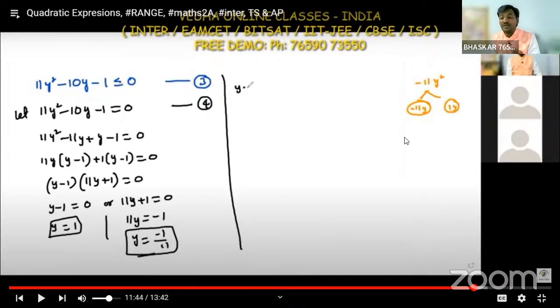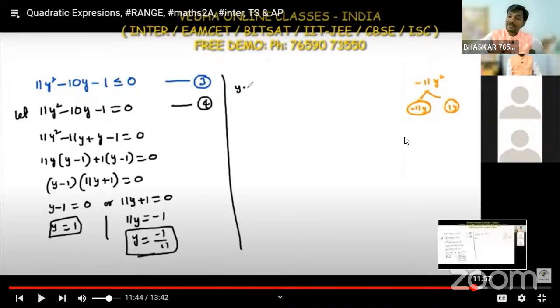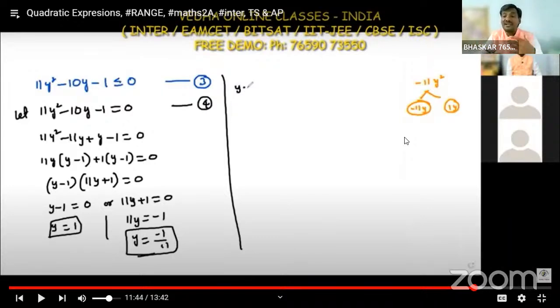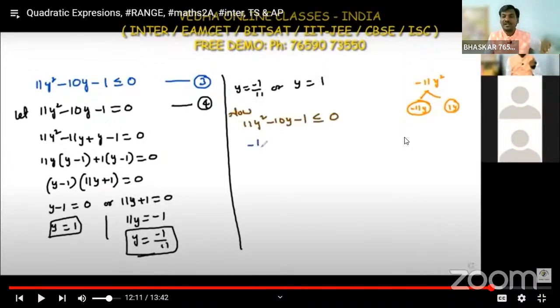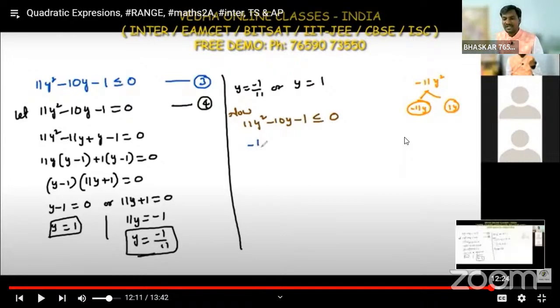Already I told you, write the smaller value on the left side and the bigger value on the right side, so that applying it in the inequation becomes easy for you. That's why I wrote minus 1 by 11, the smaller value, on the left side, and y equals 1 is the bigger value. Negative values are always smaller than positive values. Very simple, and fractions also.